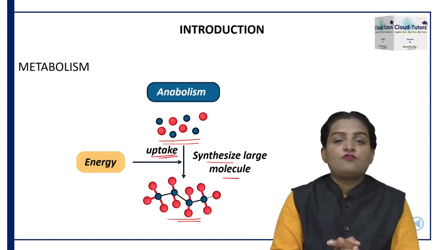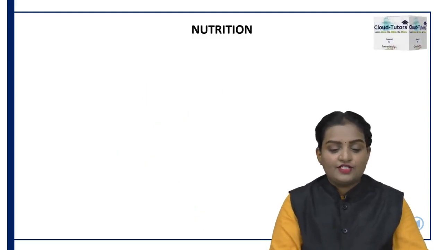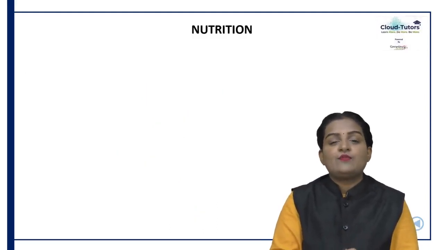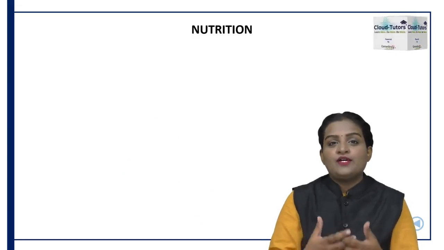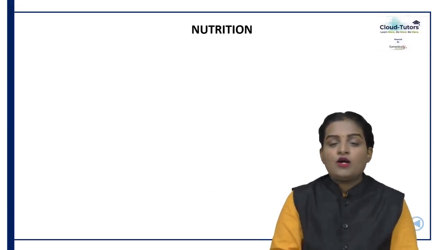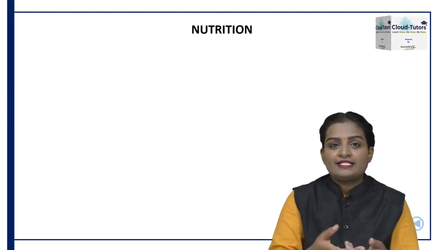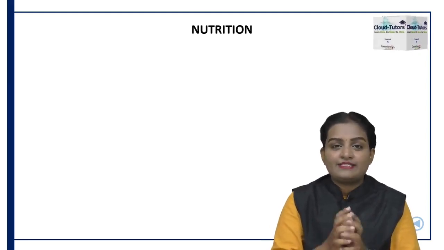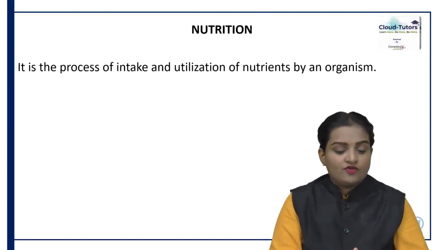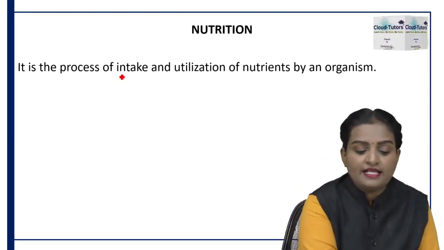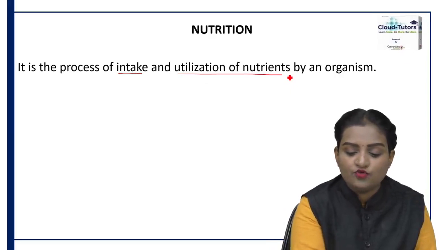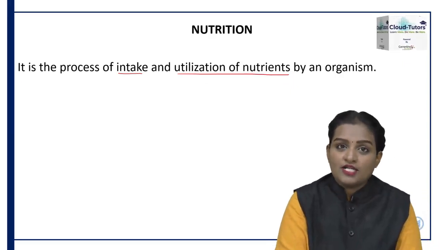Now, if we go to the first unit, that is nutrition, it's nothing but taking in of nutrients which can help us build our body, or help our body cells or tissues to perform a certain activity. So nutrition is a process wherein our body takes up and utilizes nutrients. So what are nutrients?